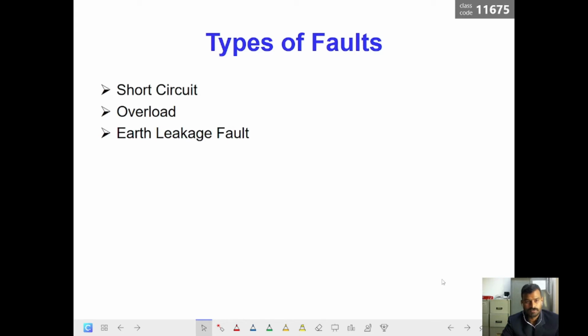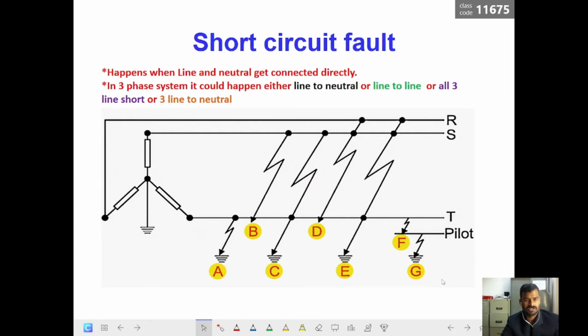Now let us go to the detailed explanation of short circuit. You can see in this picture a three-phase star-connected system where I have three phase conductors, and obviously the neutral point is grounded here. Different types of fault conditions are explained here. Fault A is a line to ground fault.